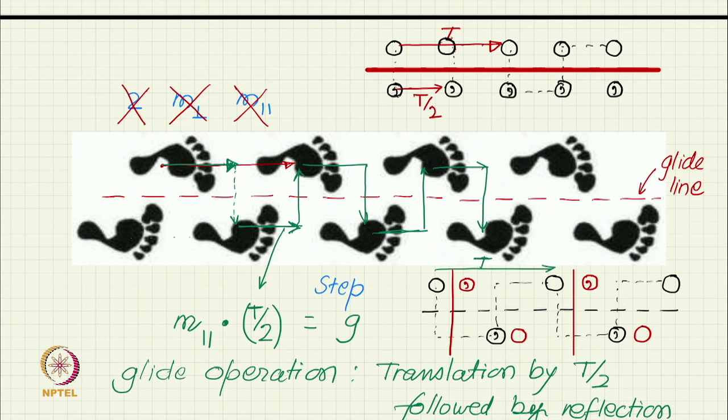So the mirrors are also separated by the same distance, T. But you know, a combination of a mirror with a translation generates a mirror at T by 2, which I have not yet drawn. So they come there.